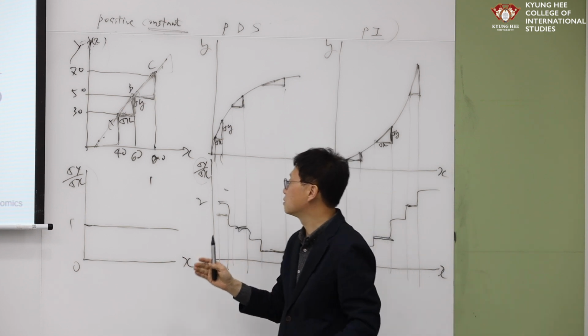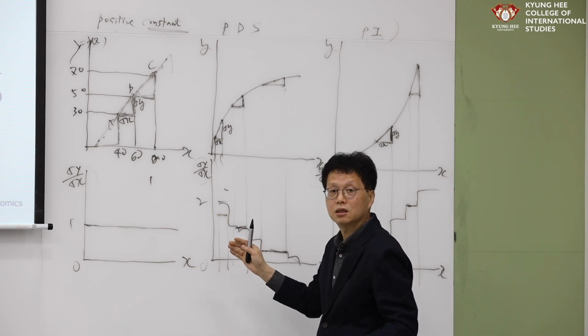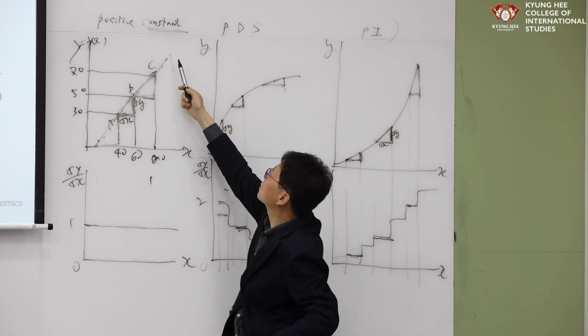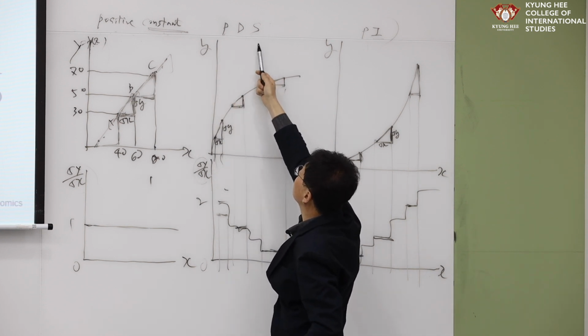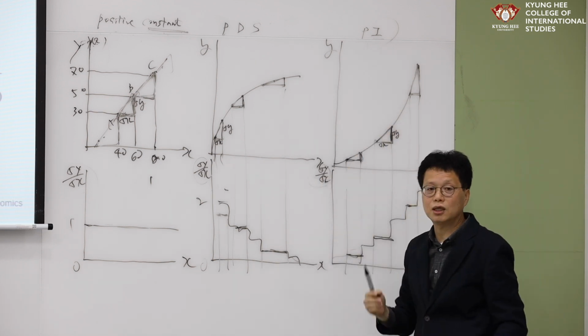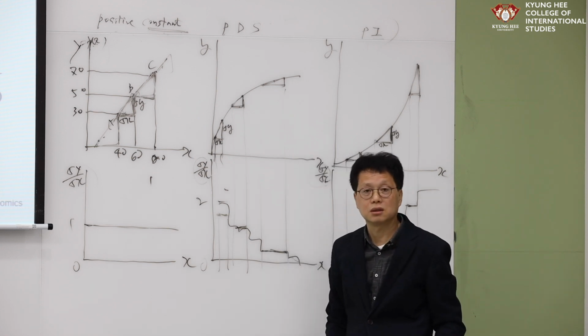So most of the equilibrium conditions in economics are based on this changing rate. So positive relations are classified into three: positive constant changing rate case, positive decreasing changing rate case, positive increasing changing rate case. The changing rate is really important.